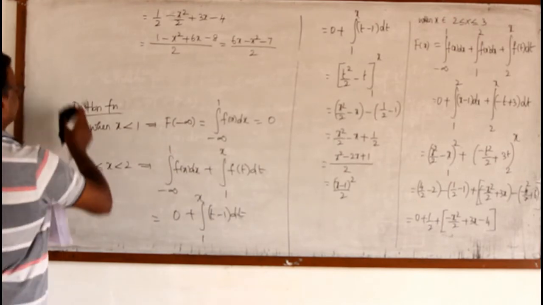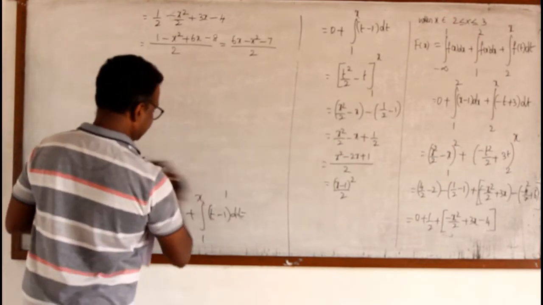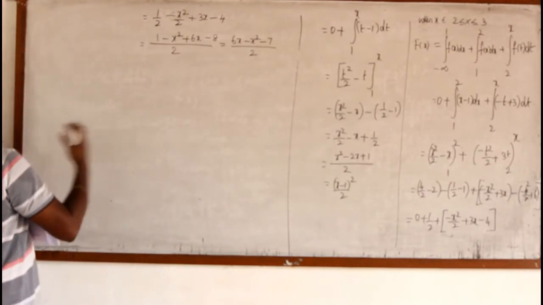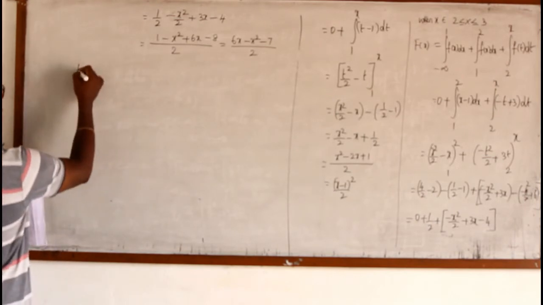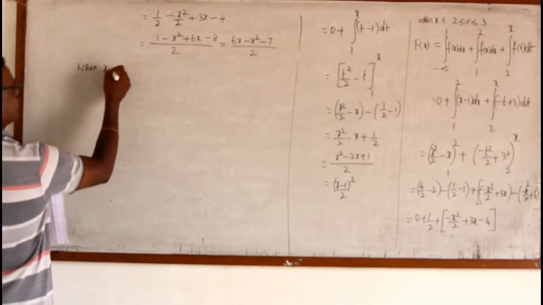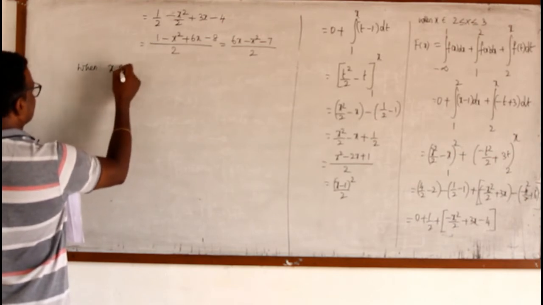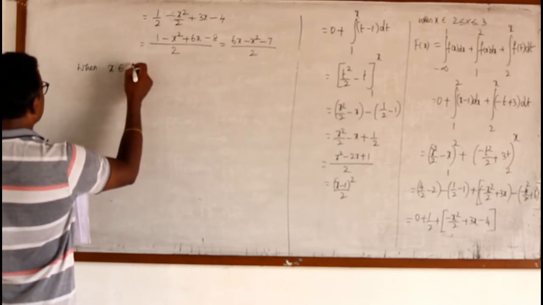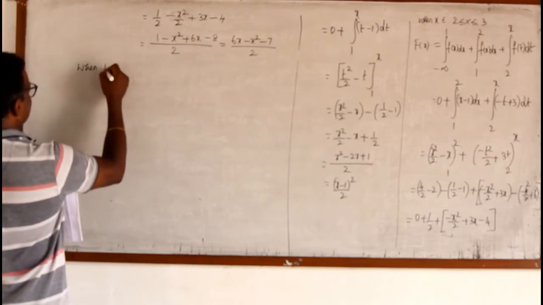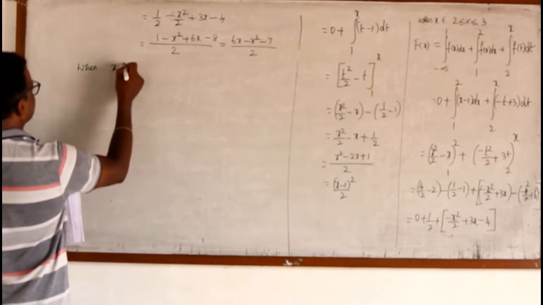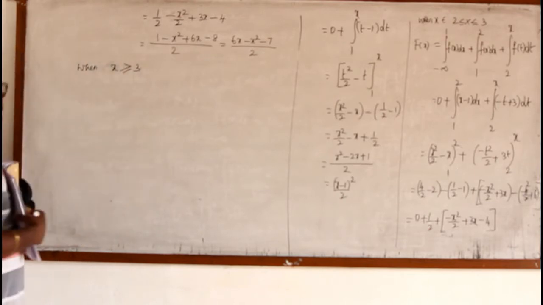Now the third f of x is, because I have to find from minus infinity to plus infinity, when x is greater than or equal to 3.